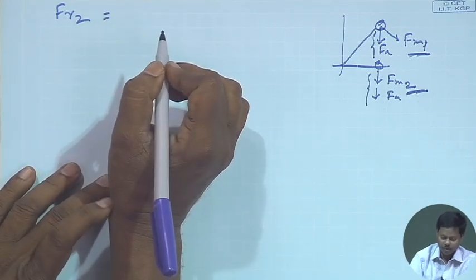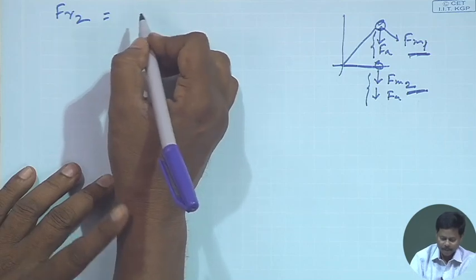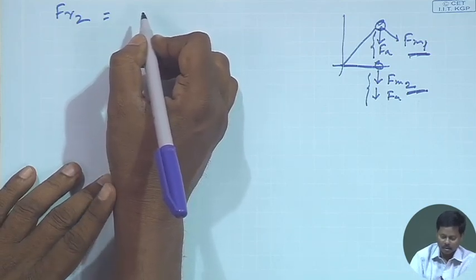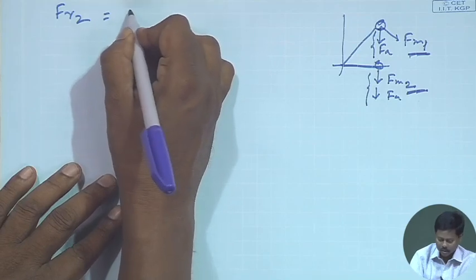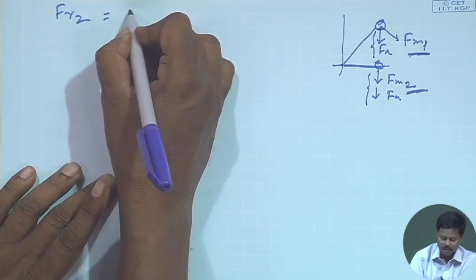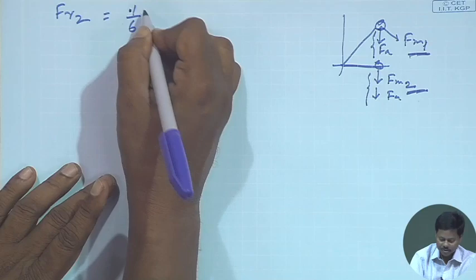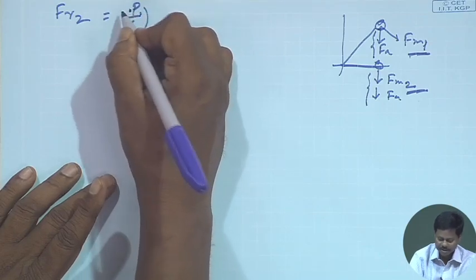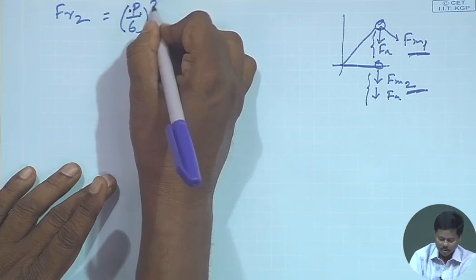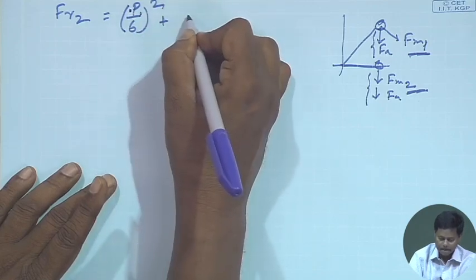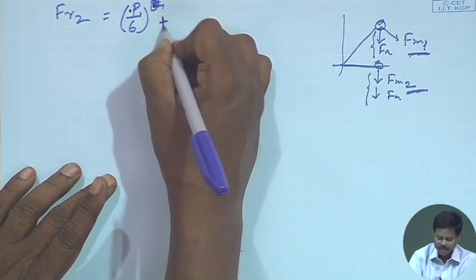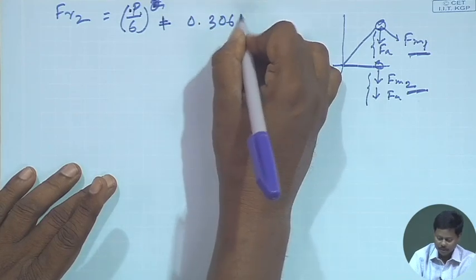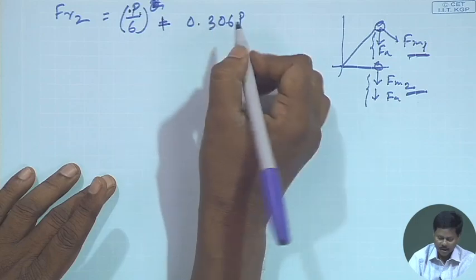So, Fr2 we can find out in this way: P by 6 whole square plus P by 6 plus 0.306 P, right.